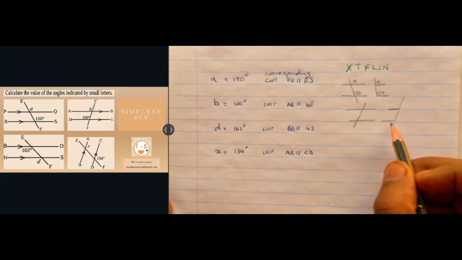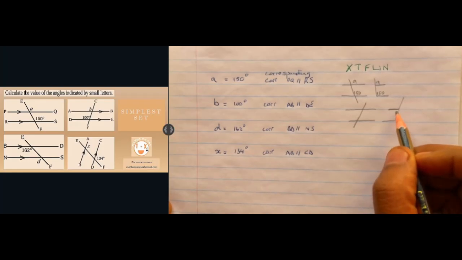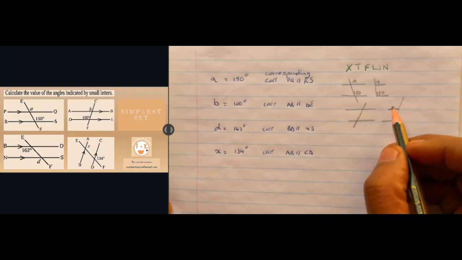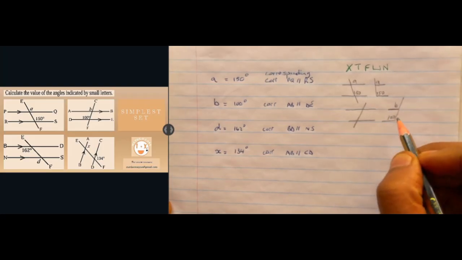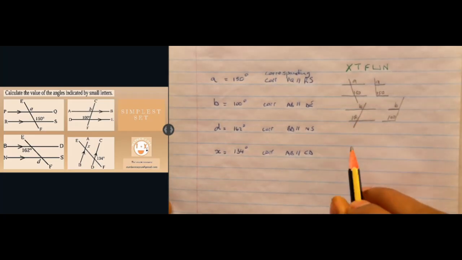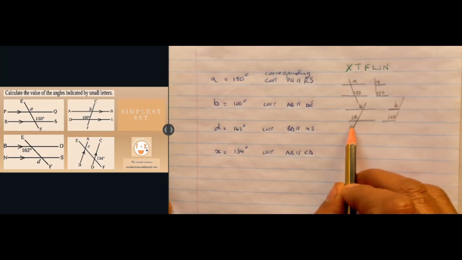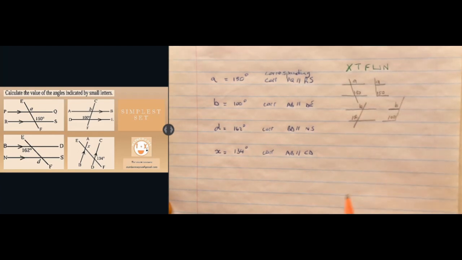The head is on the bottom and the legs on top, and the left is on the right and the right is on the left. So here we have our B and our 100. So all you need to do is cancel all these other lines that mess up our F.